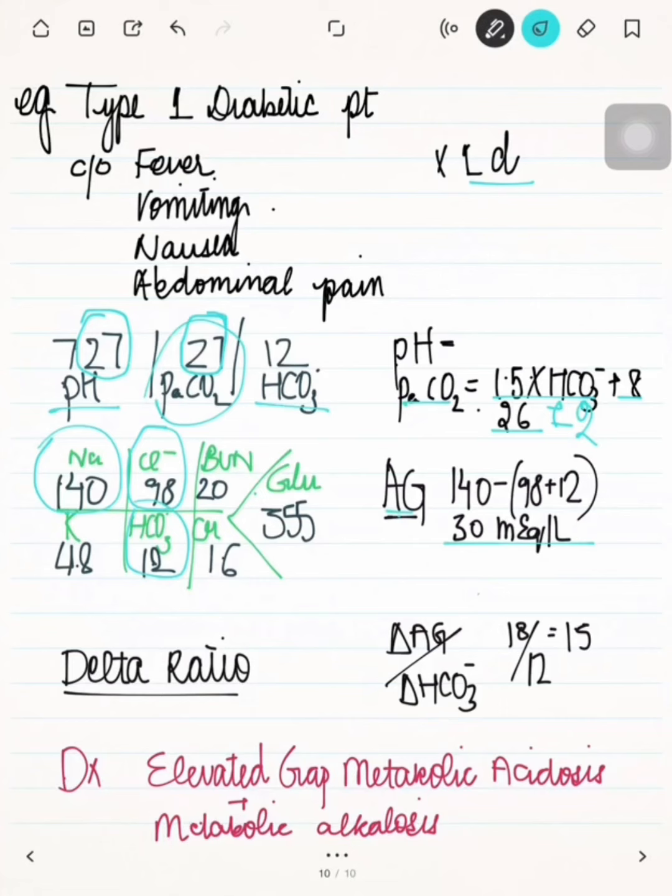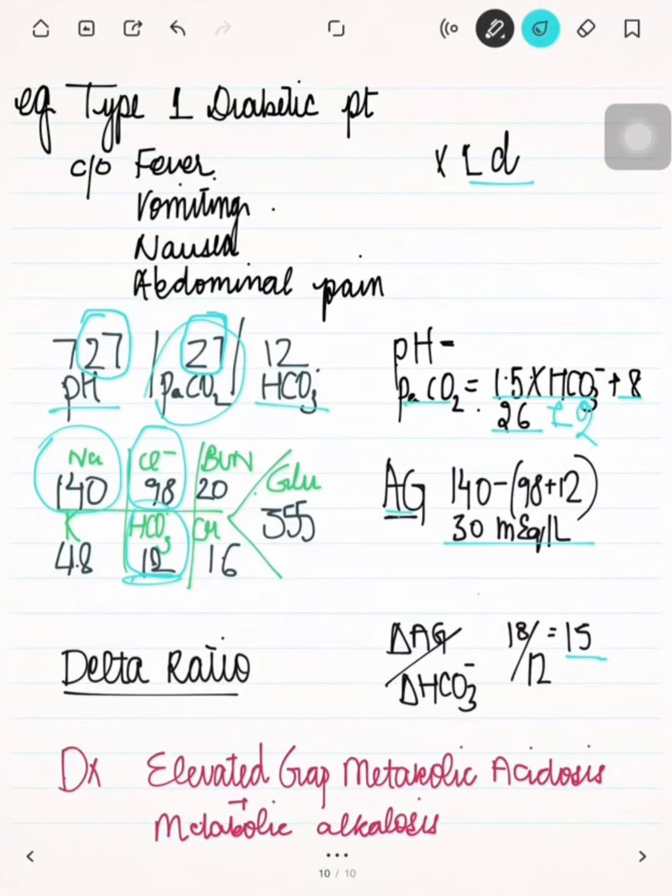And measured bicarbonate is 12 less than the normal. It should be 24. So when we take out the delta ratio, it is delta anion gap upon delta bicarbonate, which comes out to be 1.5. But we know this should have been around 1 because it is balanced by bicarbonate.